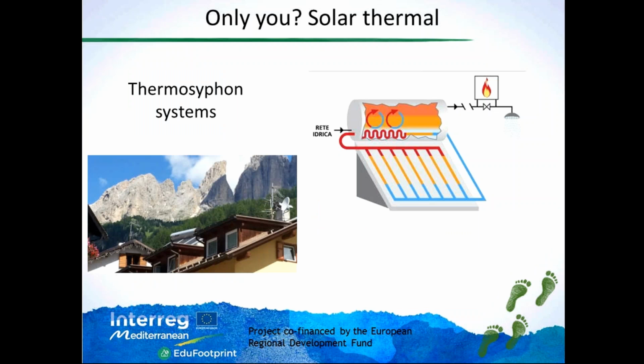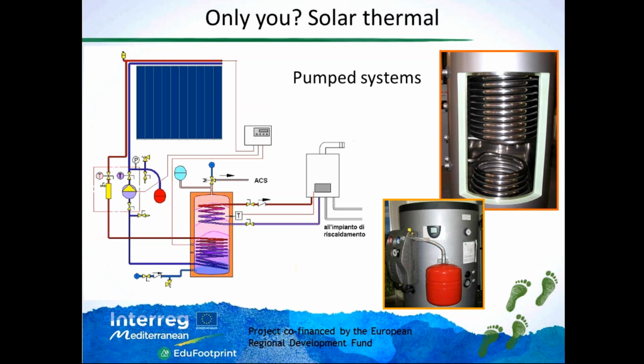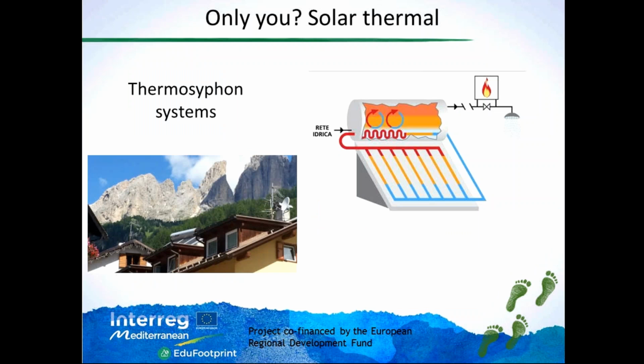There are two kinds of system. One of them is the one we have just seen. So you have a pump for making the water circulate inside the solar thermal plant, and it's called the pumped system or forced circulation. While you can also have thermosiphon systems. This is quite typical, for instance, in Greece, in the south of Italy, and in other hot, warm countries, let's say.